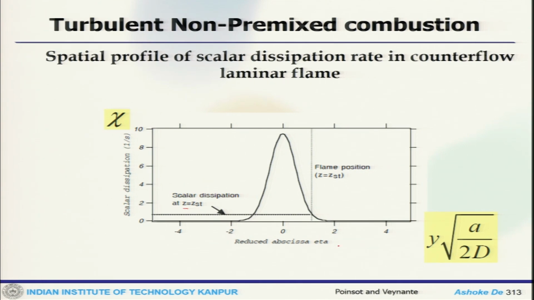This is the reduced y, and that is the position of the flame. So that gives you an idea. Fuel and oxidizer are coming from opposite sides, that is why it is called a counterflow diffusion flame.